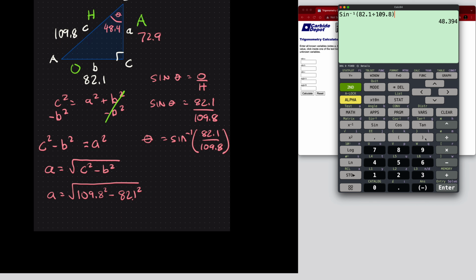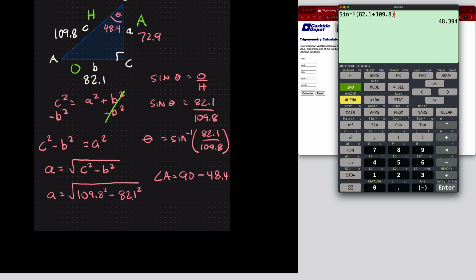Now remember what I said, to calculate angle A, I could use one of the SOHCAHTOA functions, but why would I do that if I can do it very simply by going angle A equals 90 minus 48.4.